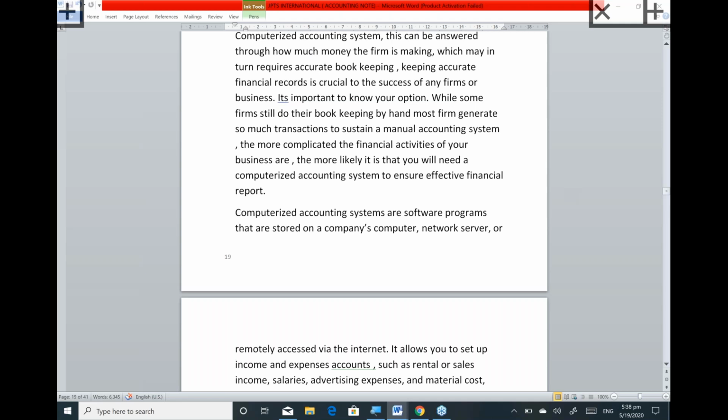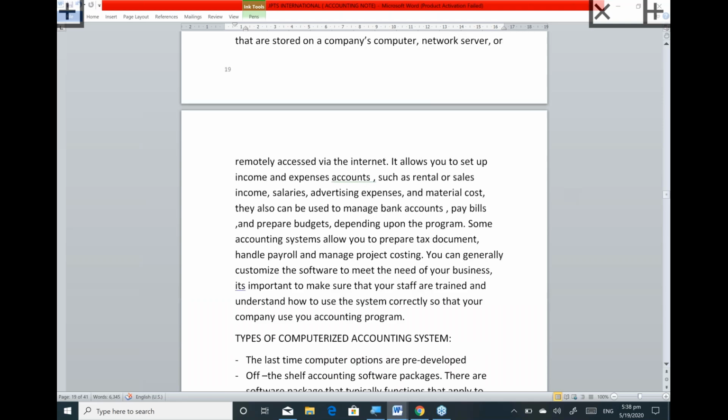Then we also look at types of computerized accounting system. The first options are pre-developed. Then there is the off-the-shelf accounting software package. These are software packages that typically function the same way for most businesses, and usually have some flexible features to meet the needs of a company.